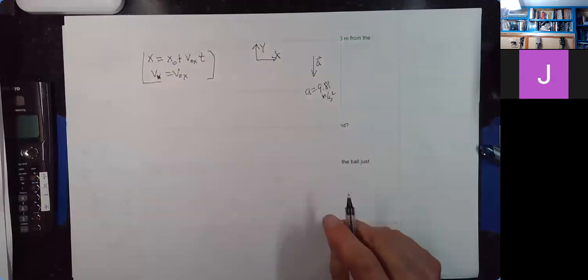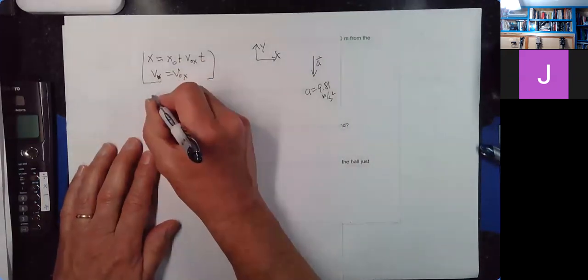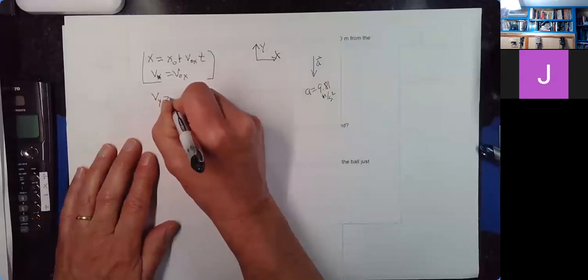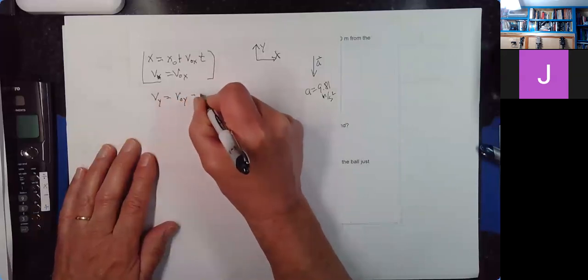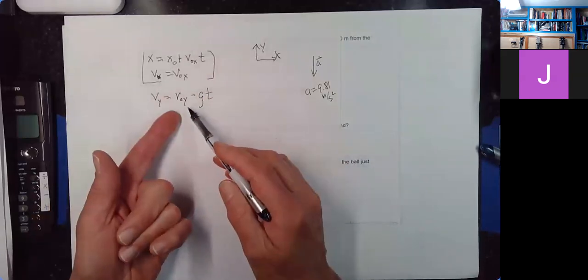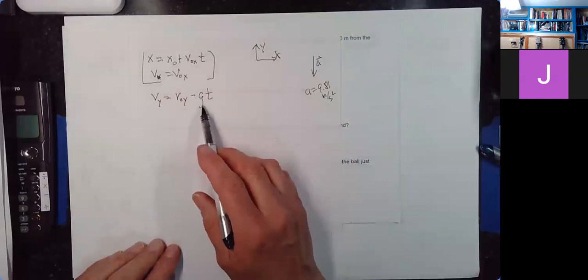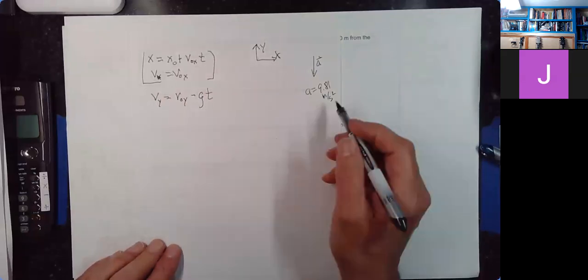But the y direction is more complicated. We'll have v sub y equal to v naught y minus gt. So whatever it started off with, we've got this constant acceleration in the y direction, and it's downward with that magnitude.